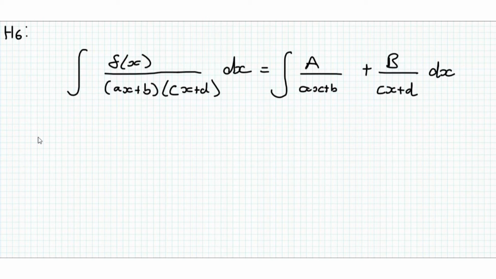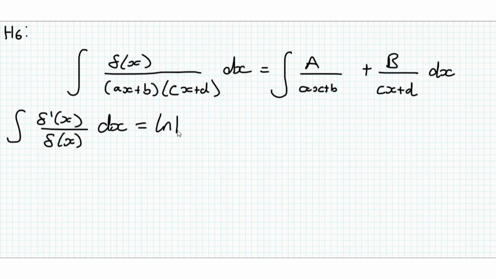For those of you who don't know that, I believe it's f dash of x over f of x, integrated with respect to x, is equal to ln of the modulus of f of x.